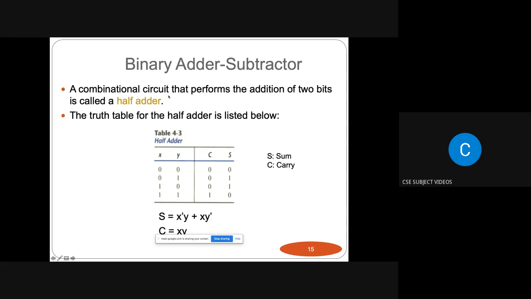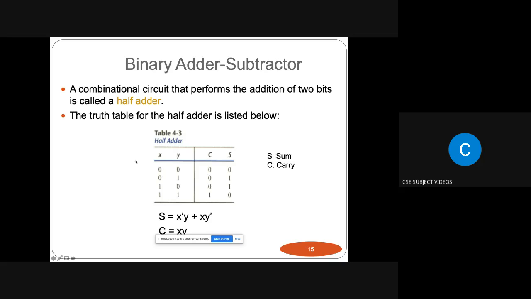So for this half adder also we can follow the design procedure of the combinational circuit. So it is the addition of 2 inputs, so we have to use the binary addition rule for forming the truth table for this half adder. So we are saying 2 bits or 2 inputs.